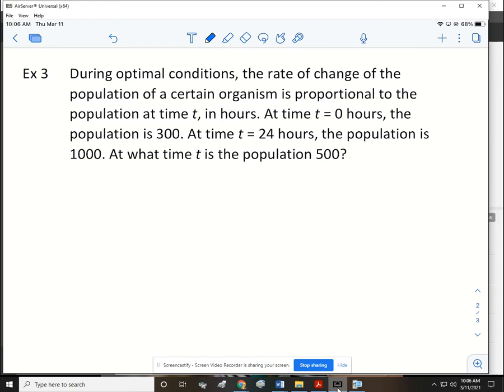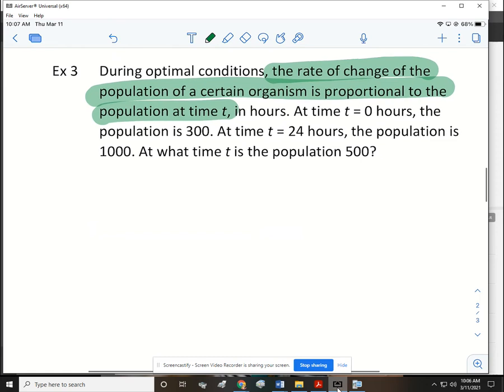Okay, so we're going to call population P. So you guys take a second and write that first differential equation using the information that you're given here. Okay, so if it's proportional, we would say dP/dt is equal to kP.